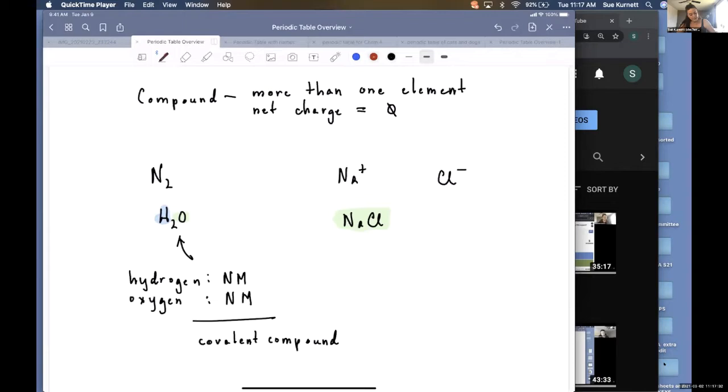Here we have sodium with its +1 and chloride with its -1, but when they come together, we can't see the charges. We hide the charges and the charges add to 0.